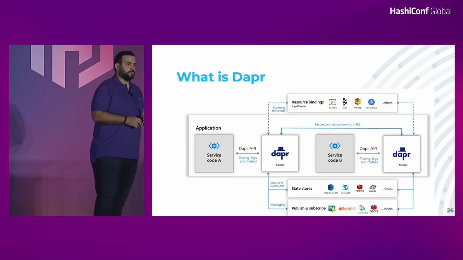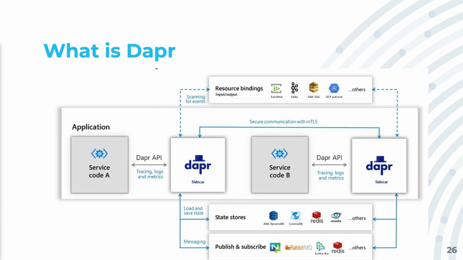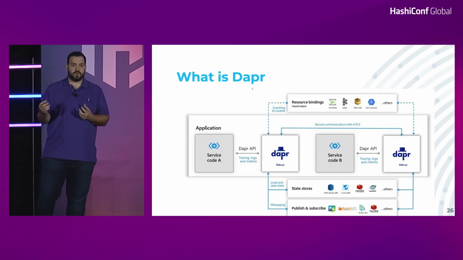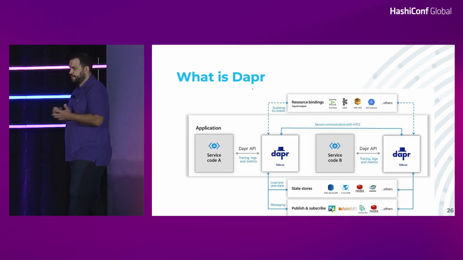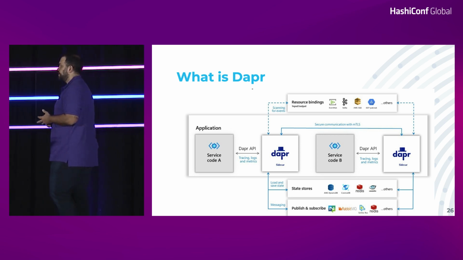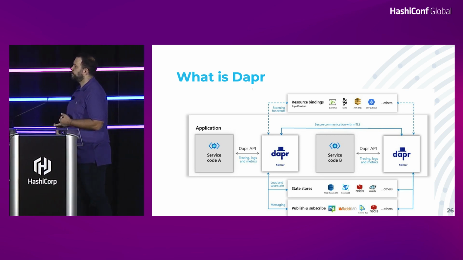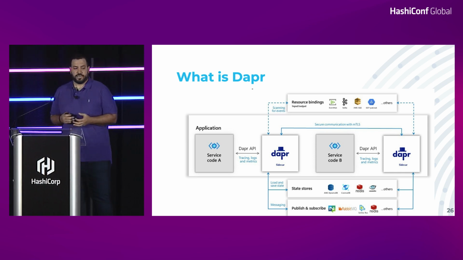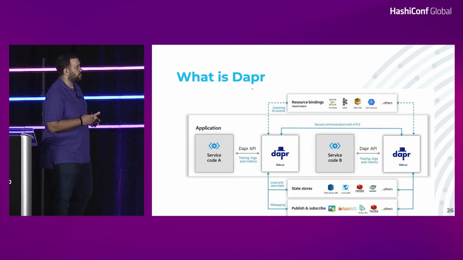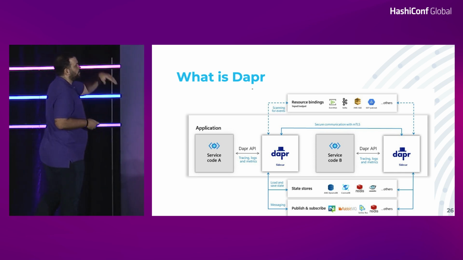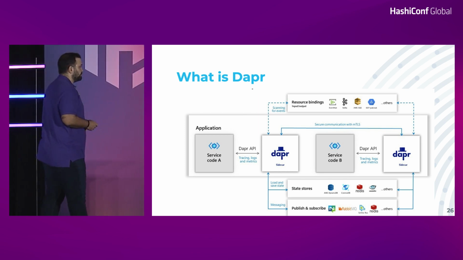If we imagine a Kubernetes environment, in a pod we have Dapr deployed as a sidecar container with our service, and then the service only communicates with the Dapr sidecar, and then Dapr handles everything else. So it can handle inter-service communication, it can handle state store, pub sub, and all the other resources you see at the top.